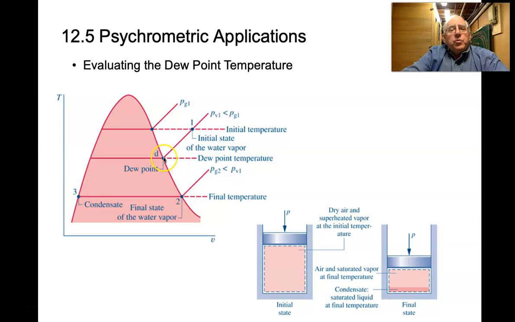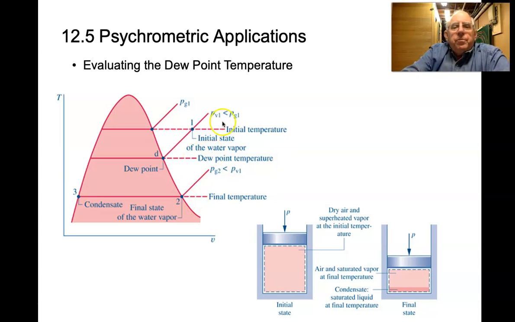And so as we drop the temperature to a final temperature, we will have a mixture that has liquid water condensate at the bottom, and the remaining mixture would be at the saturated vapor condition.